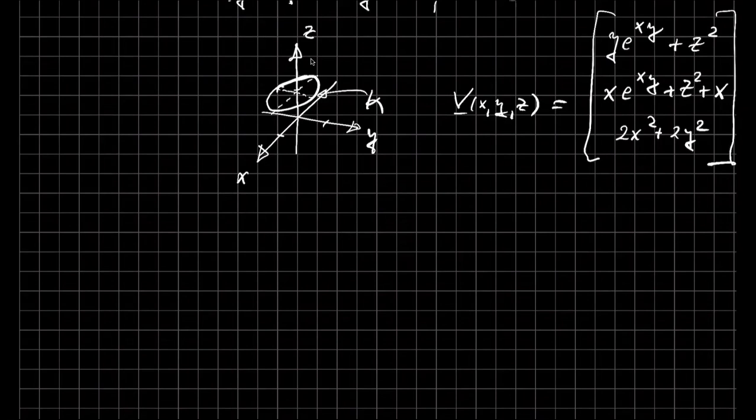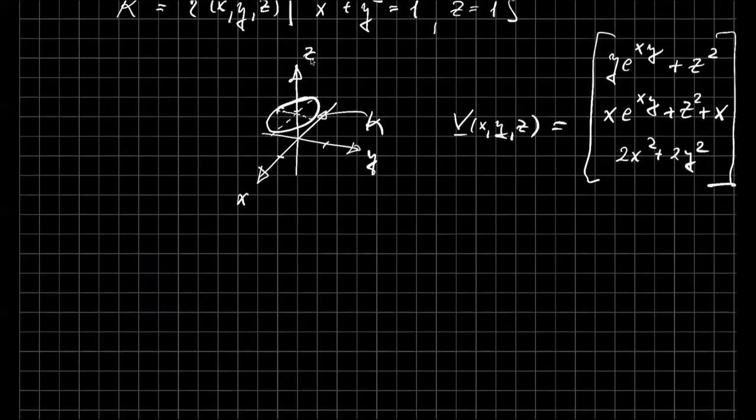What we want to do is show that this is independent of the actual surface that has K as the boundary. And so we intend to use two surfaces. The one surface is simply the unit disk in this z equal to 1 plane.